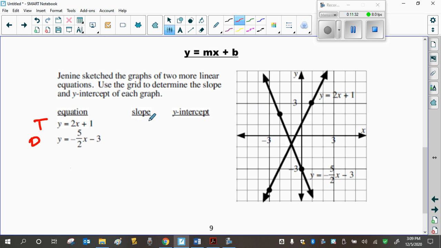Okay, so first of all, you have to understand which line is y equals 2x plus 1. That's why it's important to label lines, okay? So we're talking about this line here. What's the y-intercept? So where does this graph hit the y-axis is the question. And right there. Okay, so the y-intercept is 0, 1.